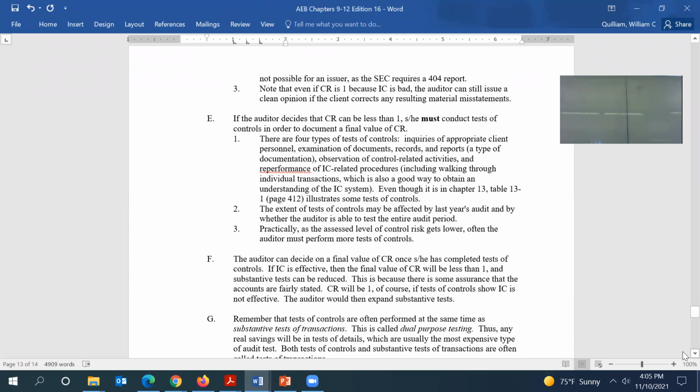We can still go ahead and issue a clean audit opinion on the financial statements because, well, everything's been corrected. They're now fairly stated in accordance with GAAP in all material respects. We may not be able to issue a clean 404 report on internal control if they're an issuer, but at least we can issue a clean audit report on the financial statements themselves. Does that make sense?